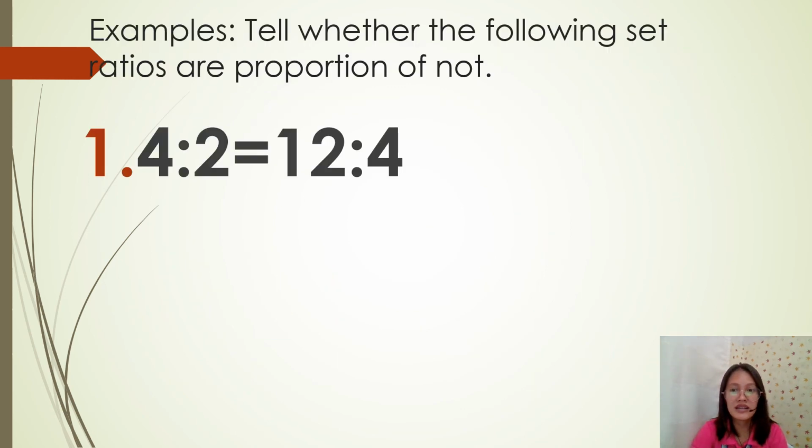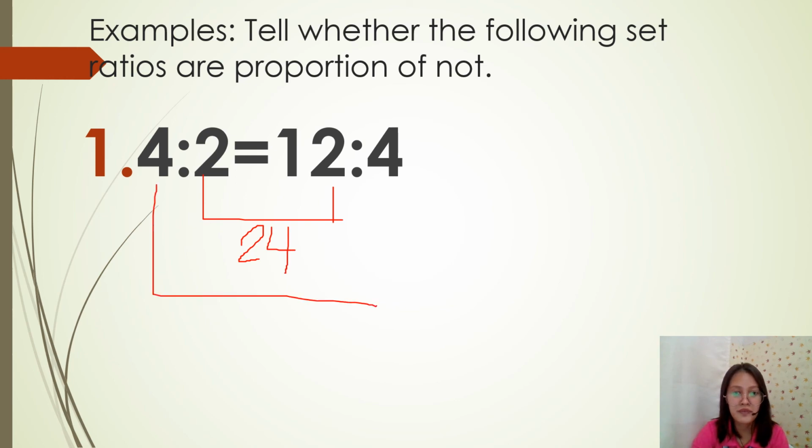Now, let's have some examples. Tell whether the following set of ratios are proportion or not. So, kunin muna natin product of our means, 2 times 12, that is 24. And then product of our extremes, 4 times 4, that is 16.